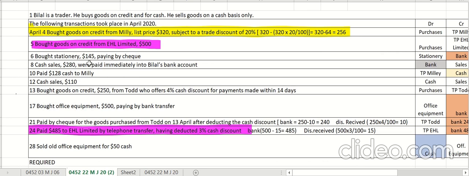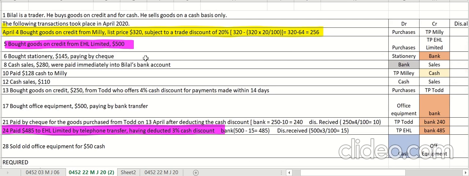Right. 6th, bought stationery 145. So where are we going to debit? We are going to debit the stationery account and credit bank account. Cash sales 280 were paid immediately to Bilal's bank account. Therefore, bank debit, sales credit. 10. Paid 128 cash to Millie.